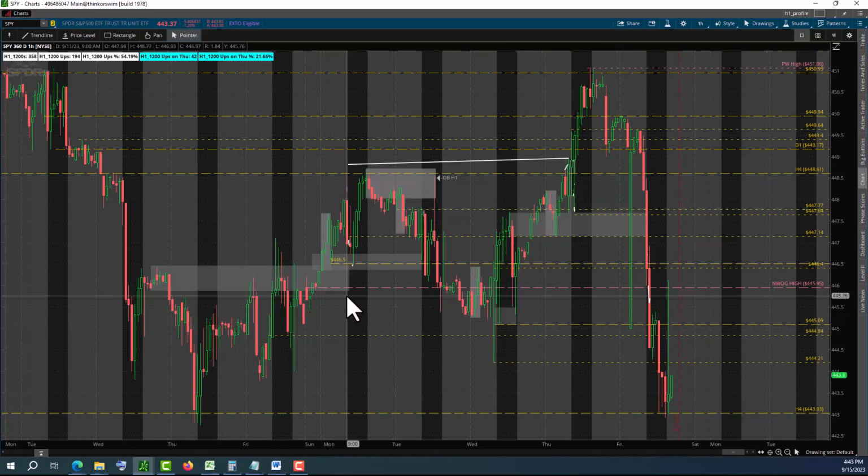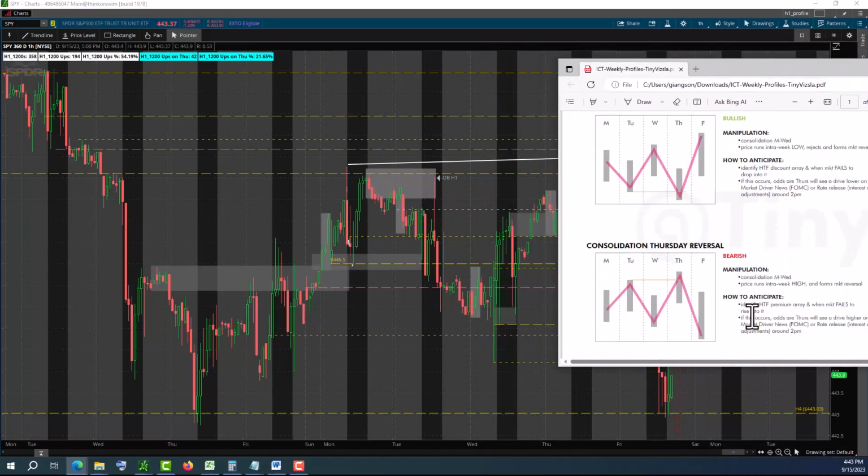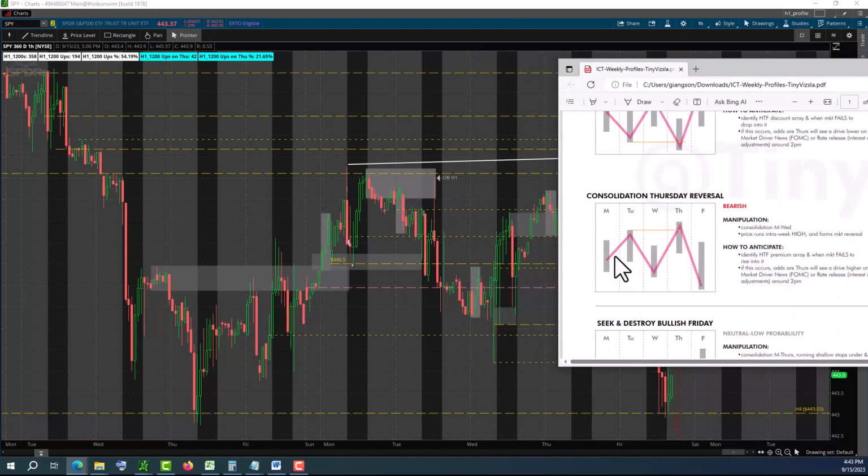Here we start right here from Monday. You see, Monday. Oh man, look at that! Exactly right here. You see that? Monday up, Tuesday up right there, and then down on Wednesday. Exactly, down Wednesday, and then all of a sudden it rallies.